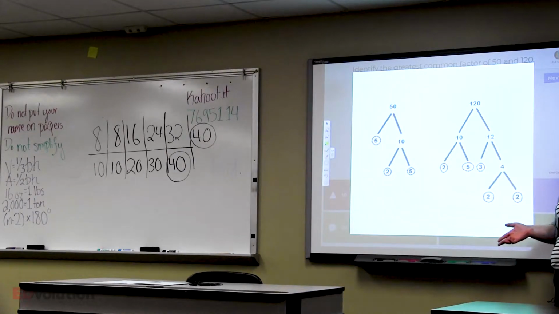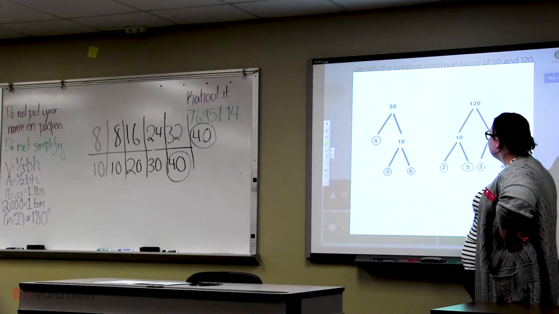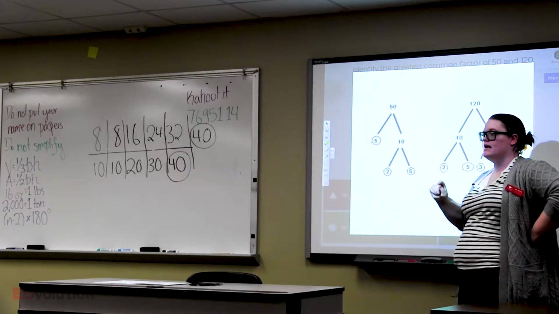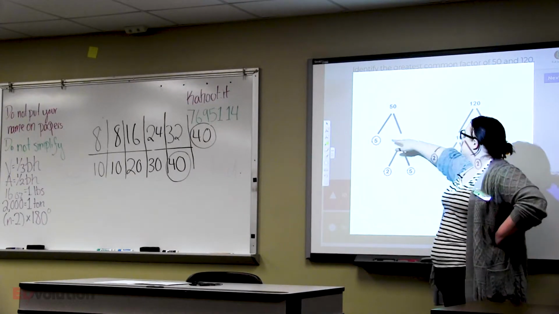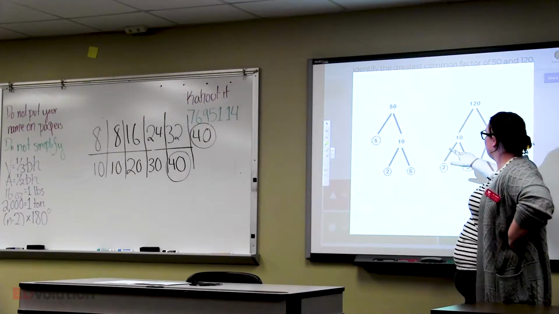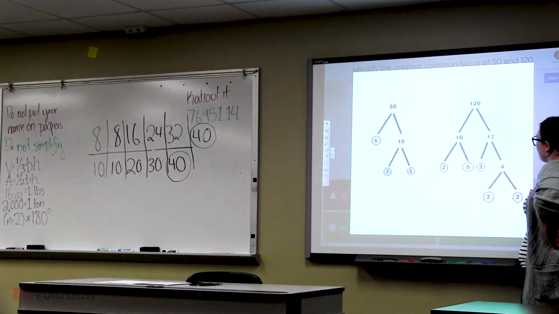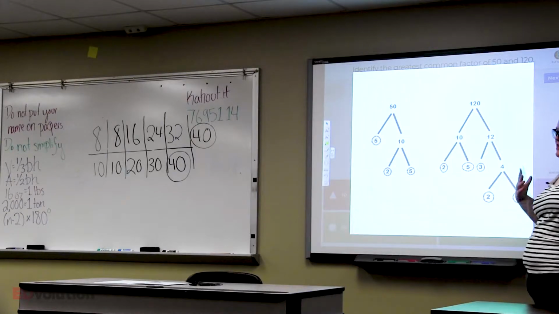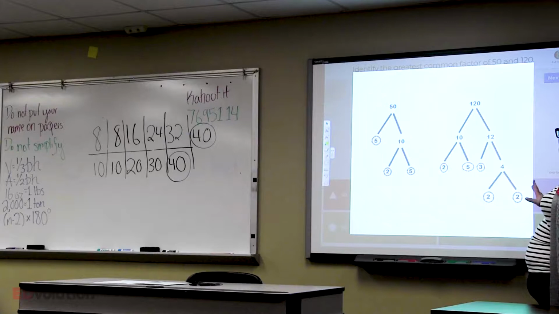The greatest common factor is the biggest number that both numbers are divisible by. So when we look at the factor trees of each number, we see that the biggest number that occurs in both of our numbers from the problem is 10. If the factor tree was not provided for you, you could make your own, and I find that's the easiest way to find the greatest common factor.